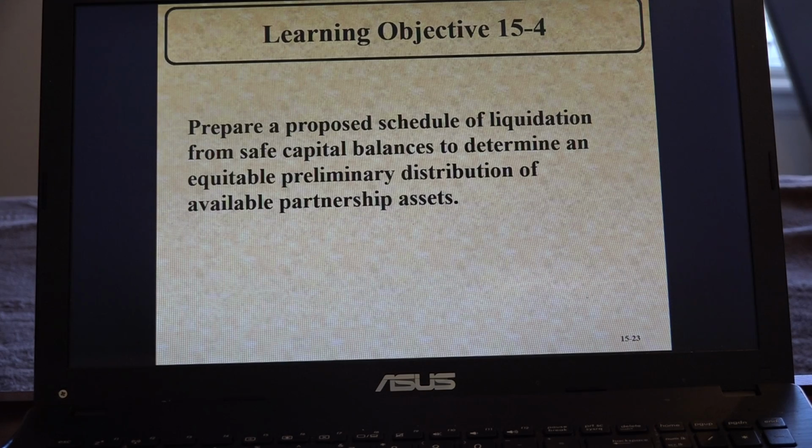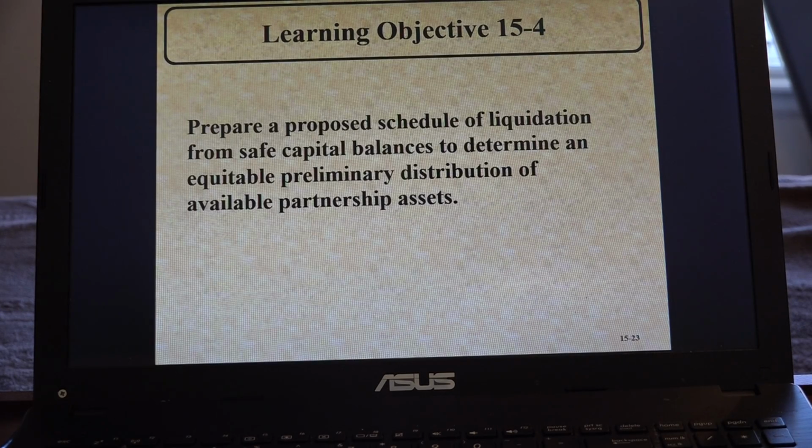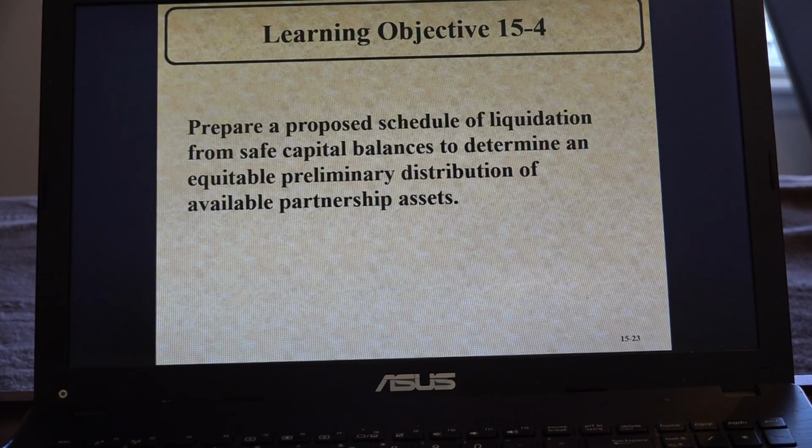And then the other thing is, what happens when the partnership is insolvent, meaning there's not any cash left and there's liabilities that must be paid and there's capital accounts that must be dealt with. What happens then? So make sure you look at page 676, 677, and 678.